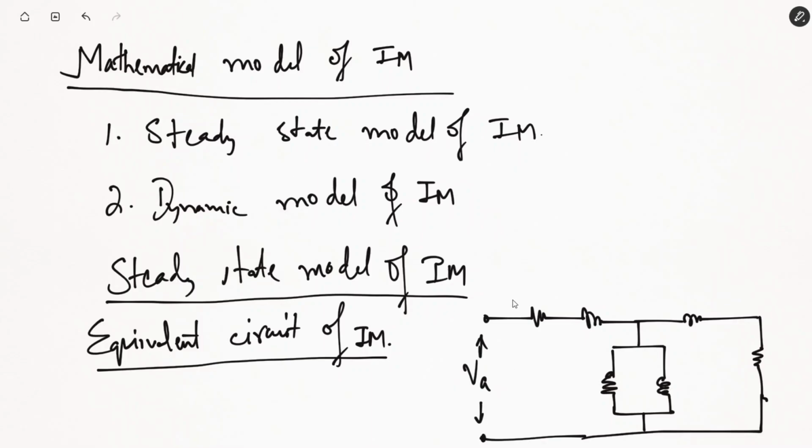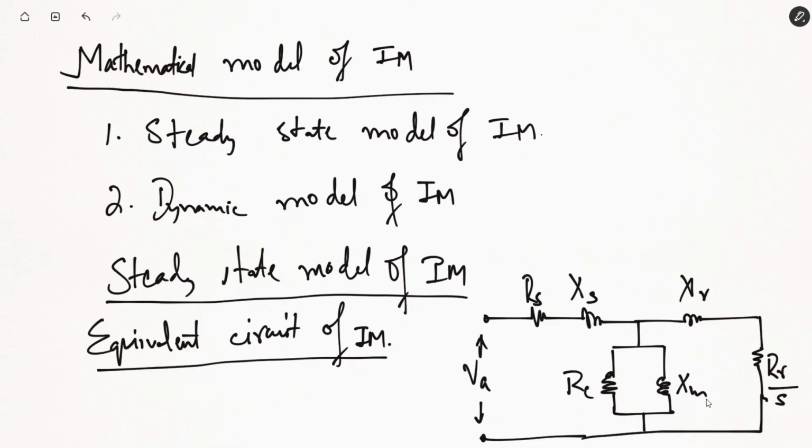This is a per phase equivalent circuit of an induction motor. The equivalent circuit of induction motor, you have already designed in your machines course, is basically constructed using the known losses in the induction motor.